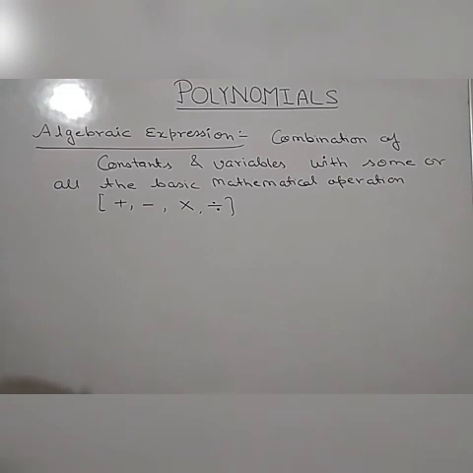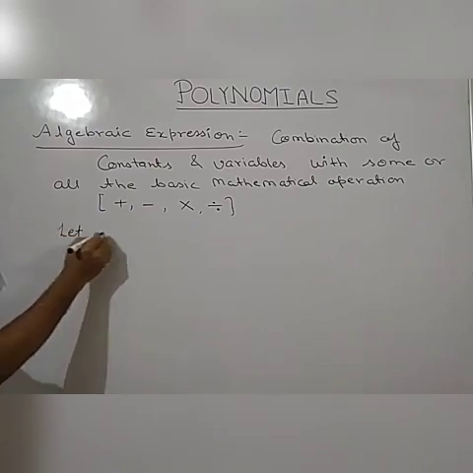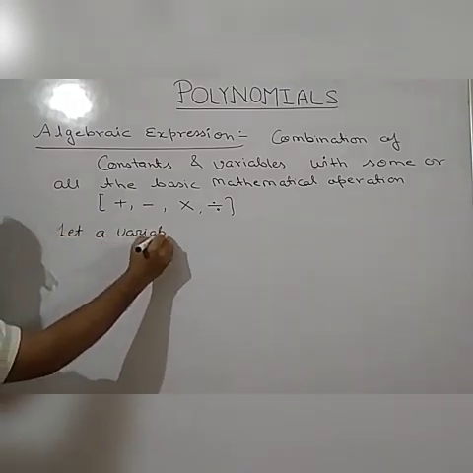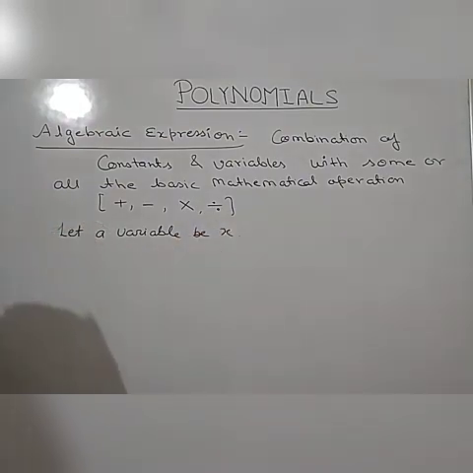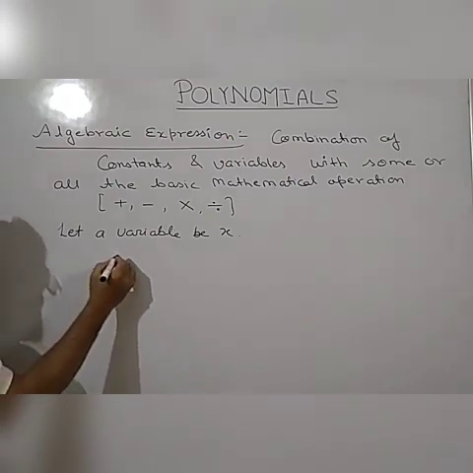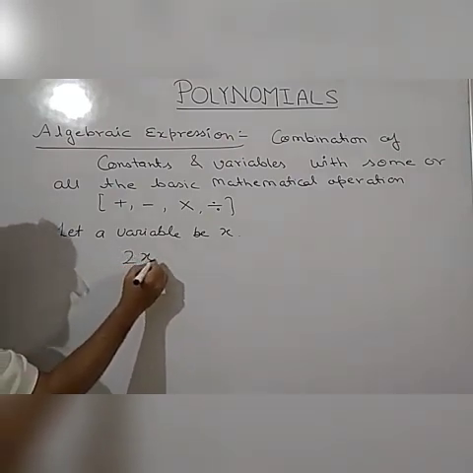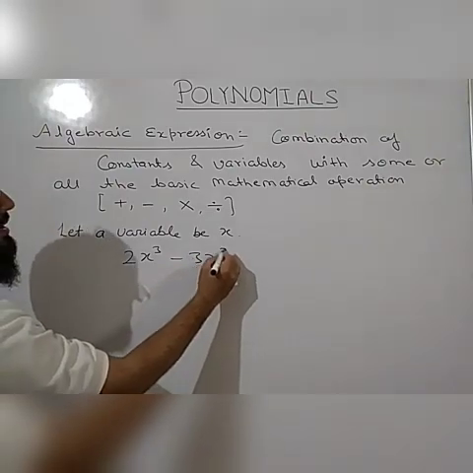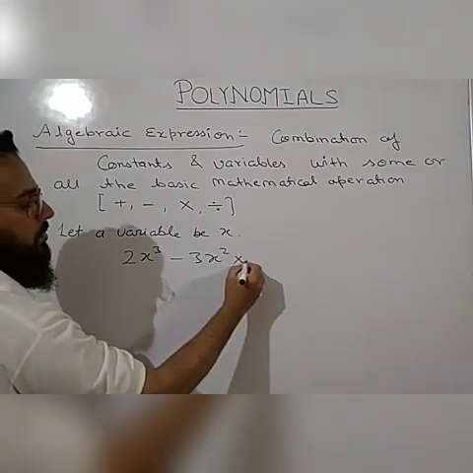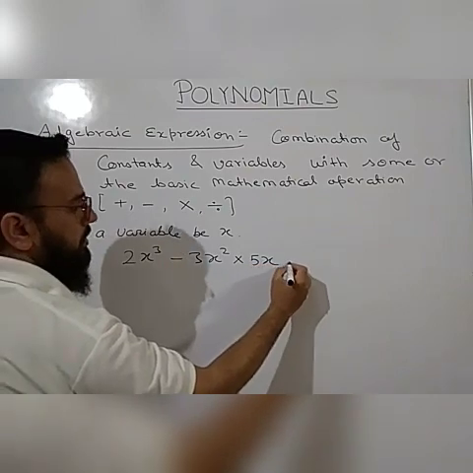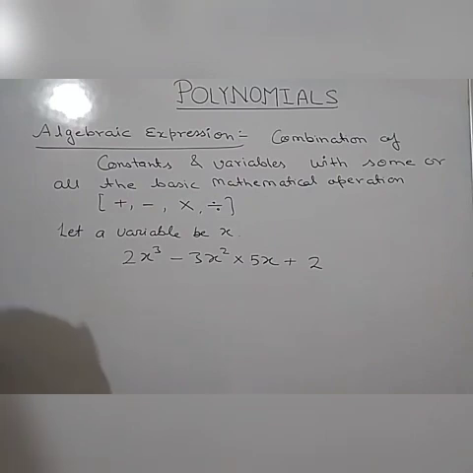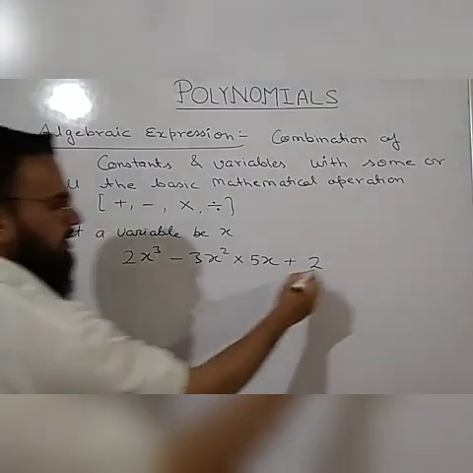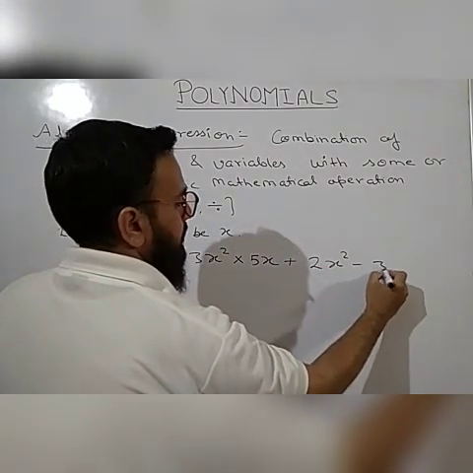For example, let x be any variable, then any expression of this form, suppose we take 2x cube minus 3x square plus 5x plus 2, or plus 2x square minus 3x and so on.